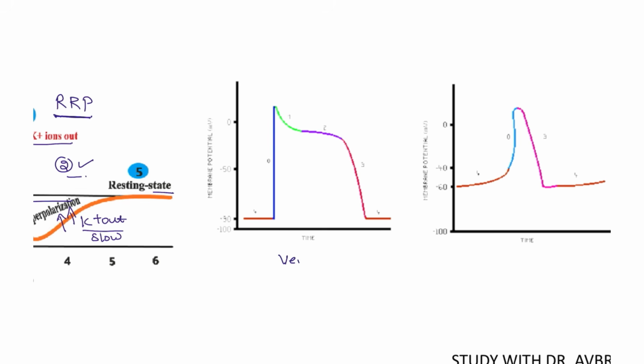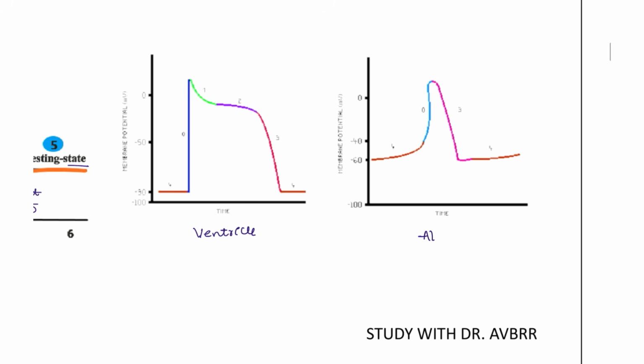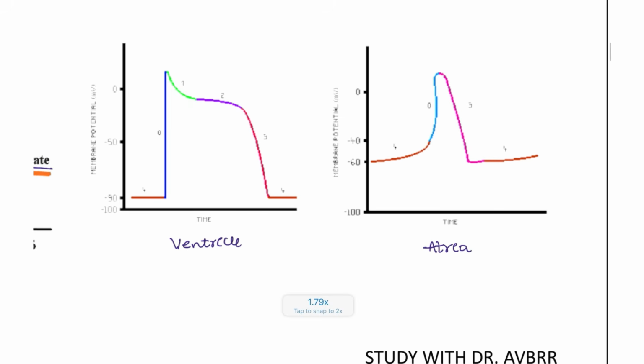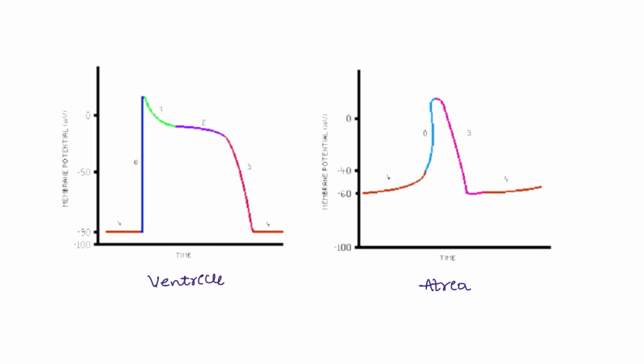So this is the ventricle, bulky muscle, and this is the atria. Atria have no muscle or less muscle that we are going to see. That's why the atria has fewer phases. So here you can see this is phase 4, this is phase 0, and this is the third phase. And here there is an entry of sodium plus calcium. Both enter here.